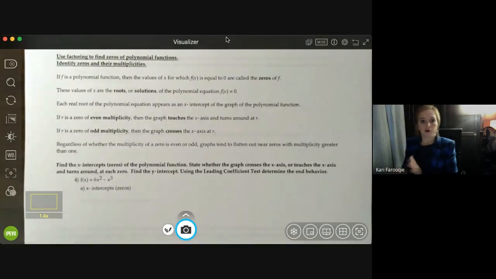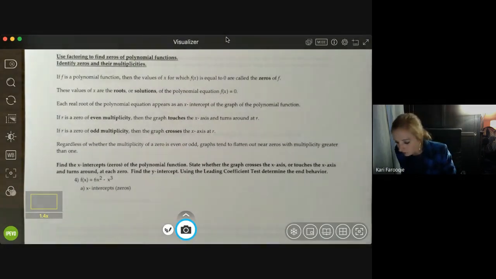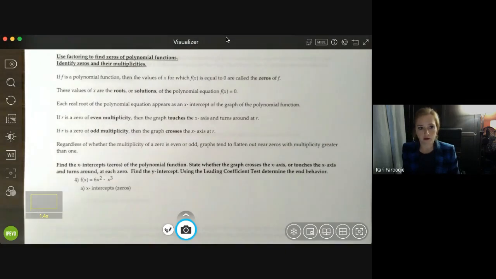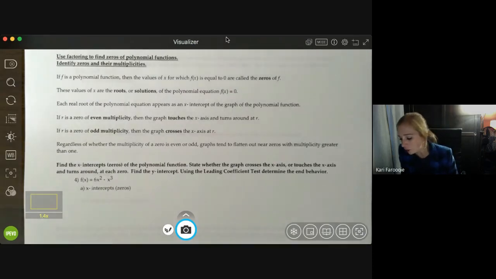Okay, so we are going to use factoring to find zeros of polynomial functions. We'll talk in a minute about what zeros are, and then we'll identify zeros and their multiplicities. If f is a polynomial function, then the values of x for which f of x is equal to 0 are called the zeros of f.